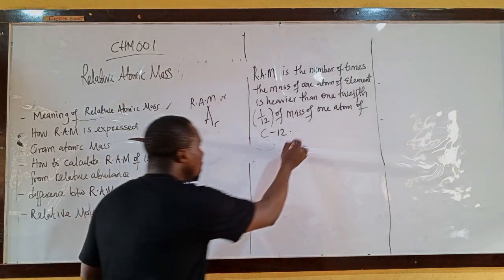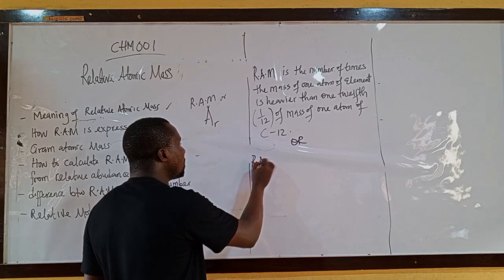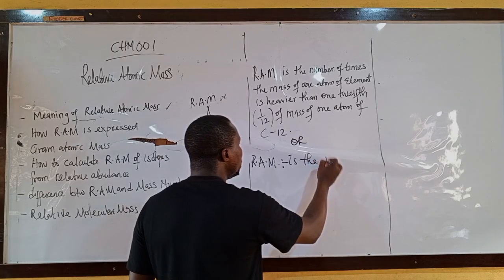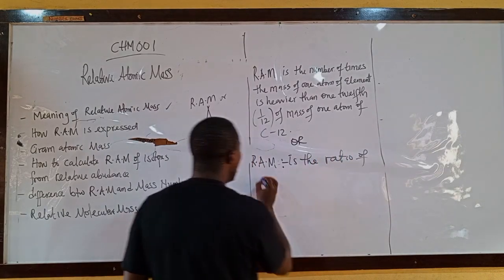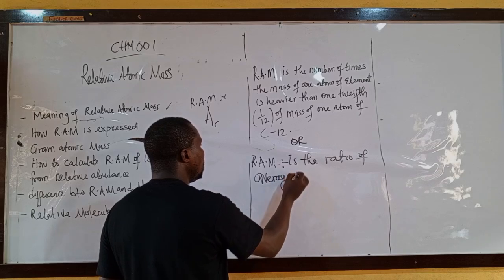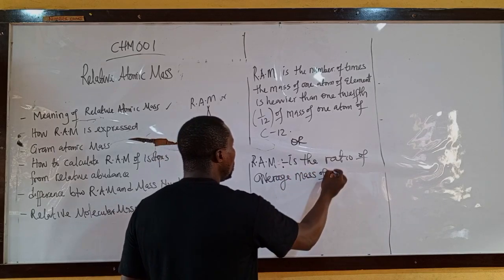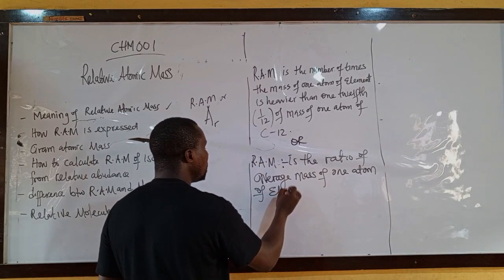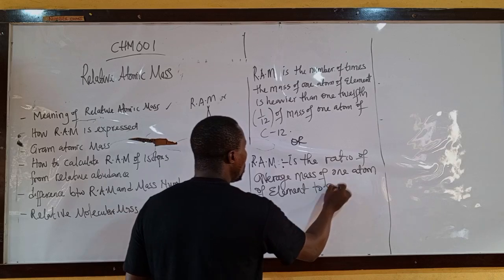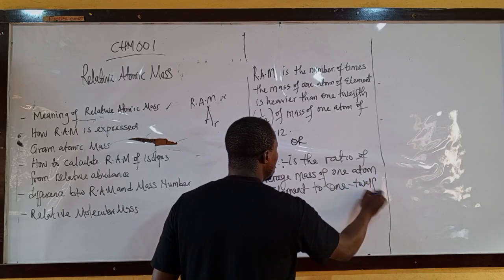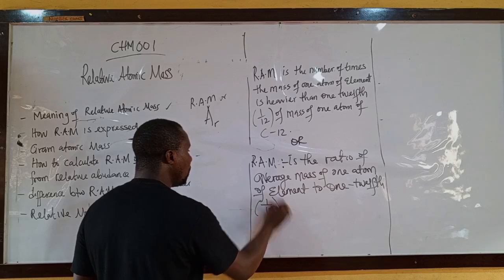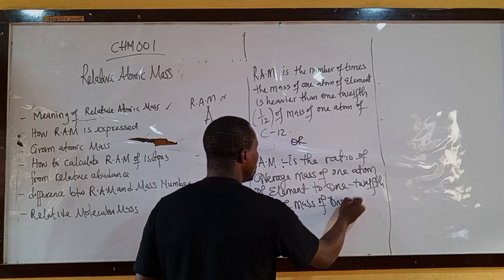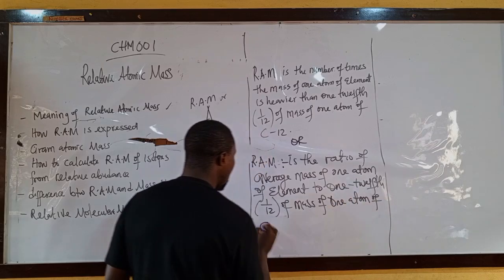Or you can say in another way, relative atomic mass is the ratio of the average mass of one atom of an element to 1/12 of the mass of one atom of carbon 12.